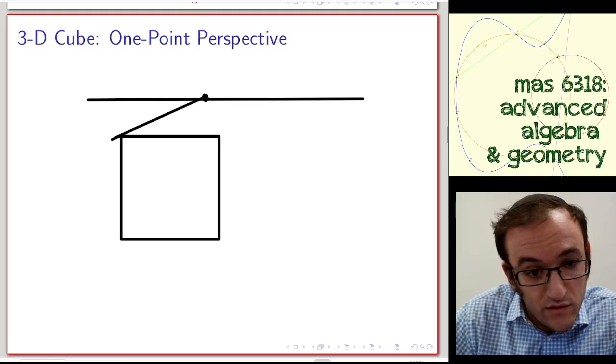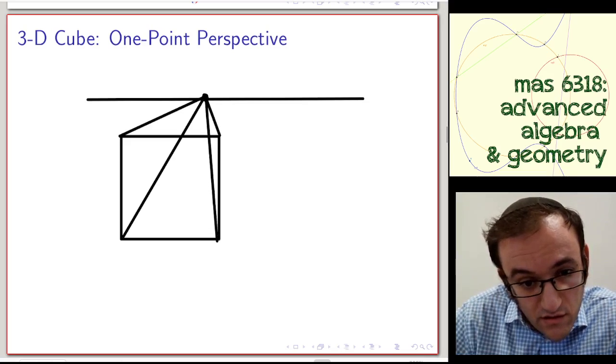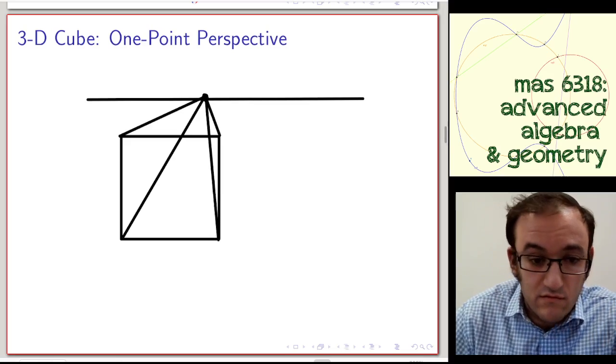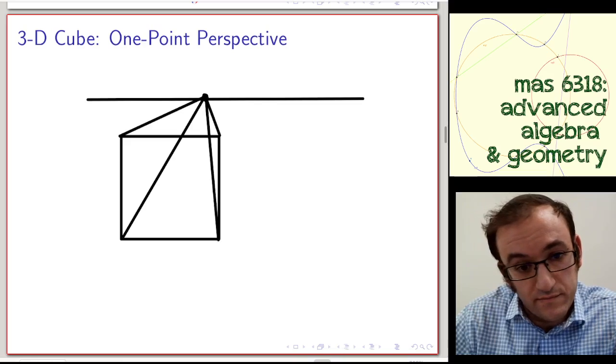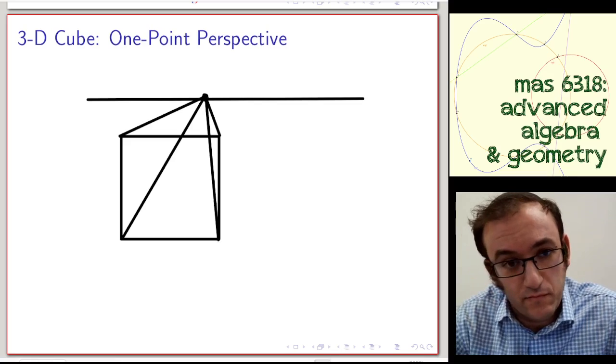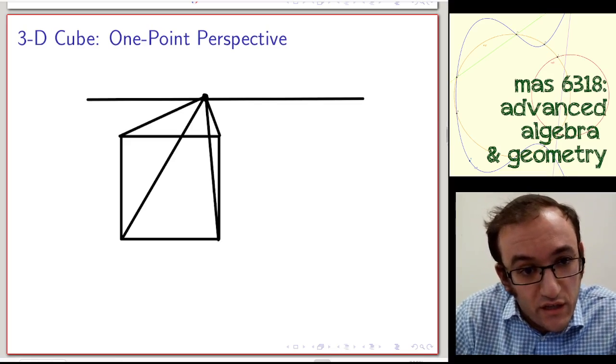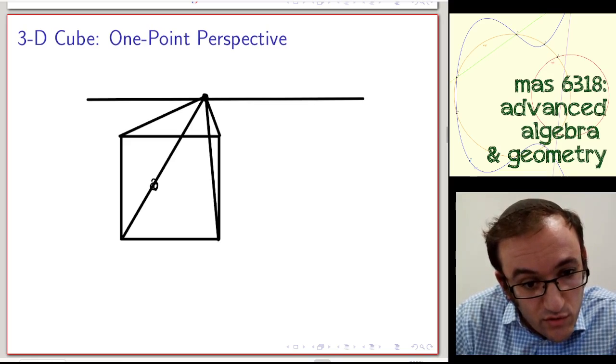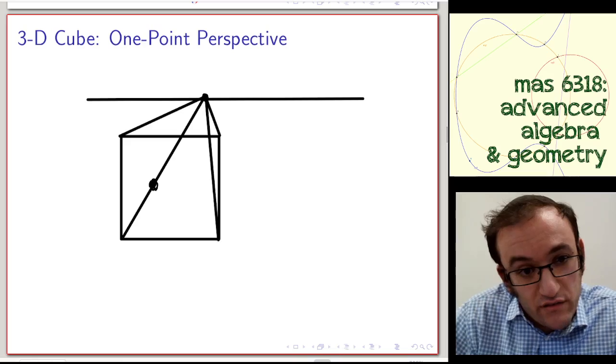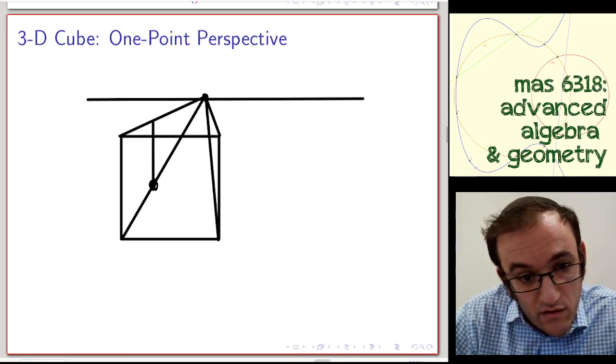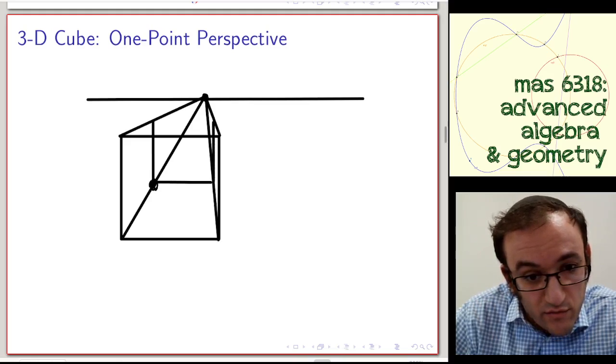Okay, and then you've got this, this, this, and this edge. Okay, these are all and you can pick a corner of your cube, and then you draw a vertical line from there, and a horizontal line from there, and you complete the picture.